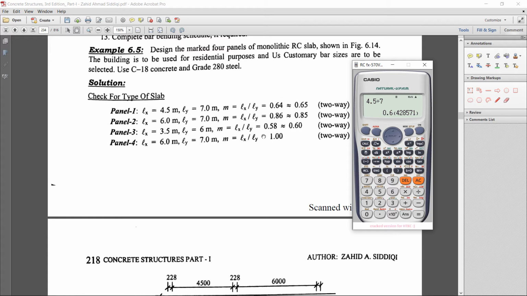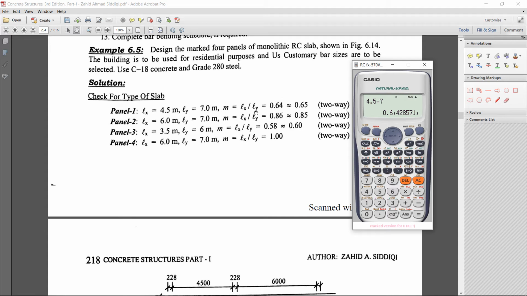That is just a mathematical convention, but we can get the same idea: if your slab panel ratio is between 0.5 and 1, when we divide shorter to longer, then it is a two-way slab. For example, 6 meter divided by 6 meter gives 1, so that is a two-way slab.